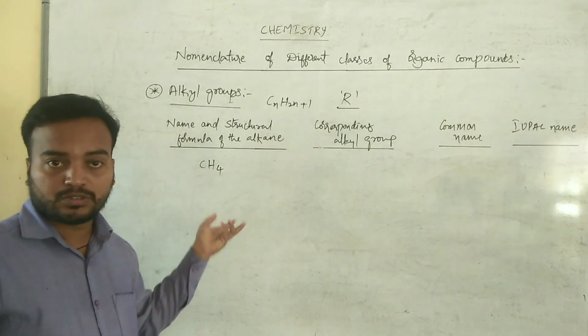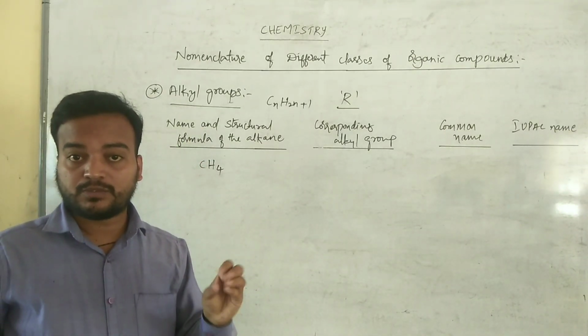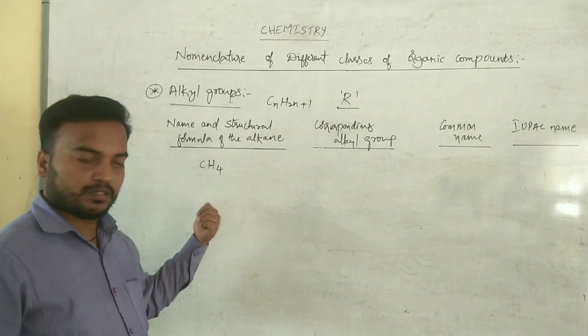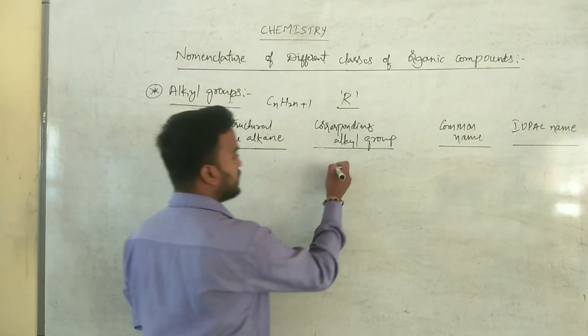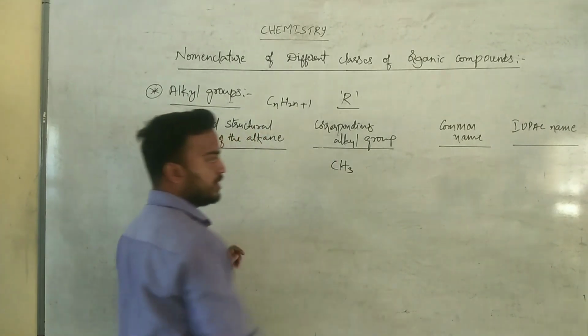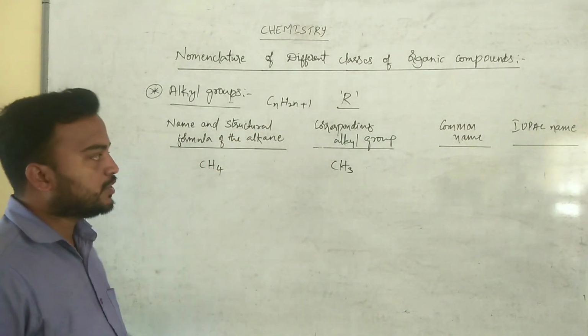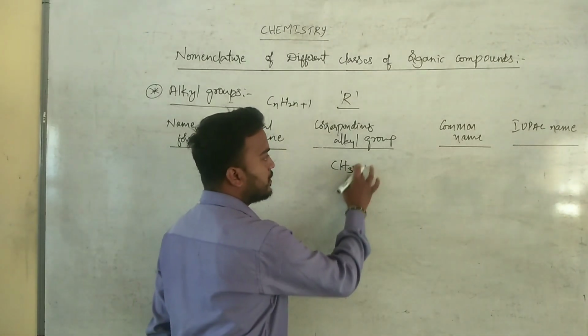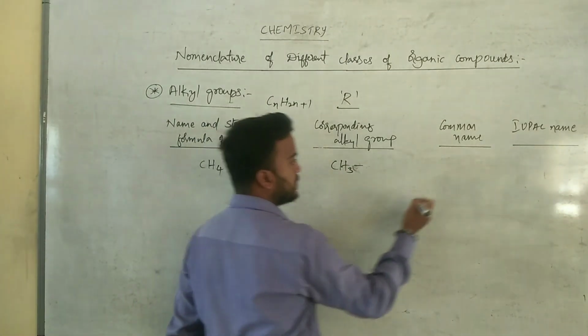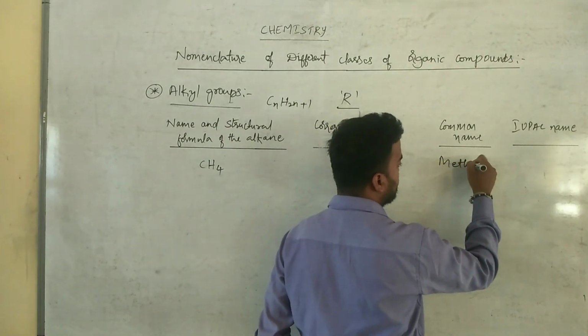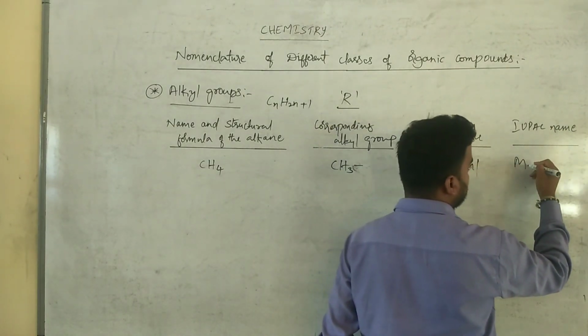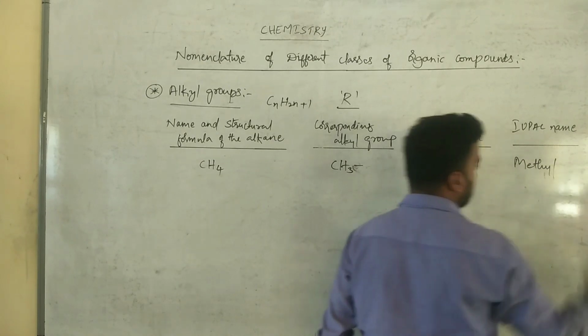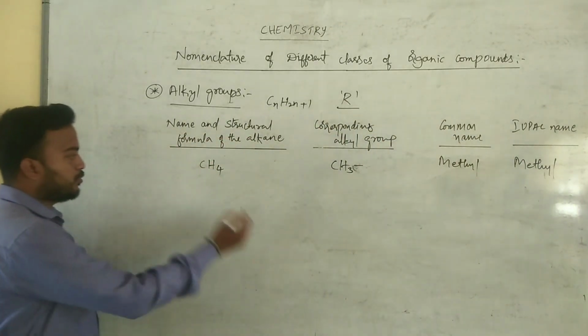If you remove one hydrogen from CH4, it will become CH3. The common name for this CH3 is the methyl group, and the IUPAC name is also methyl.